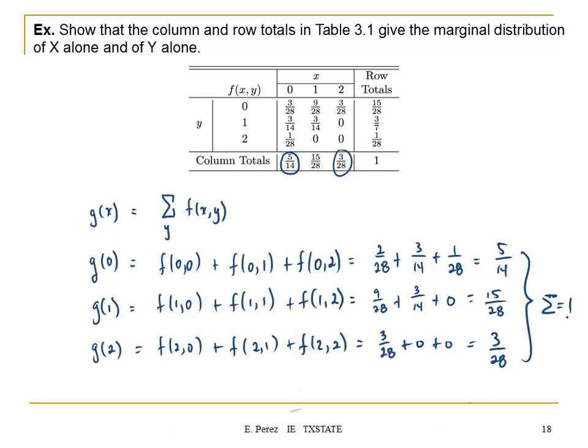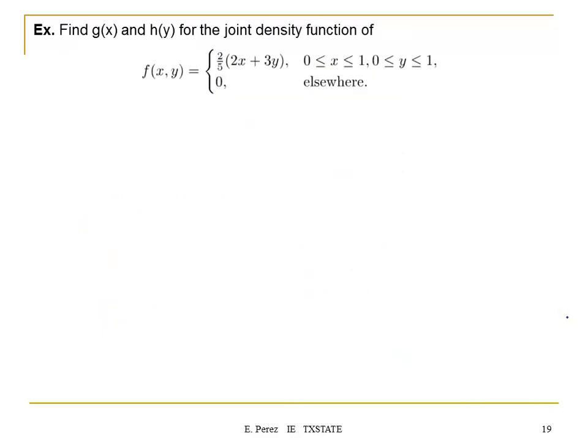Okay, so let's find g of x and h of y for the joint density function that is represented here, f of x and y. And that's the function we have.